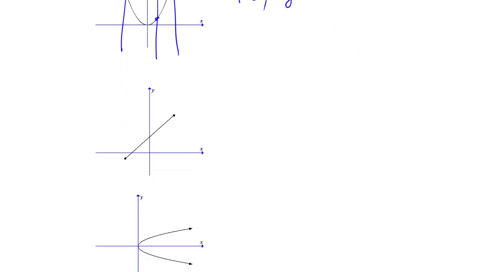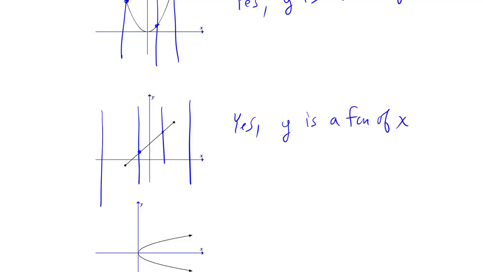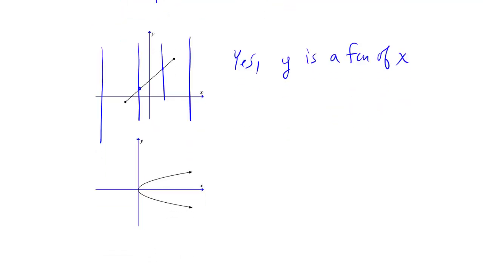It begins and then stops. So there are lines over here that don't intersect the graph. That's fine, that's intersecting 0 times. And here we have places where we intersect once, and then again places where we intersect 0 times. That's fine. Yes, y is a function of x. We only have to have the vertical line not hit more than once.